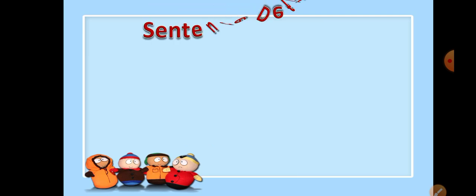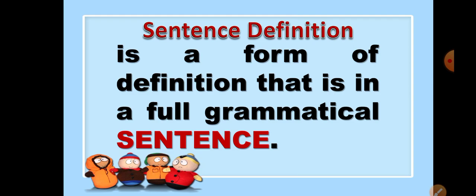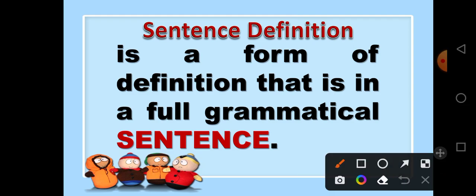Sentence definition is a form of definition in which the definition is written using a full grammatical sentence. It is a technique in writing the description of a certain term using a full grammatical sentence.